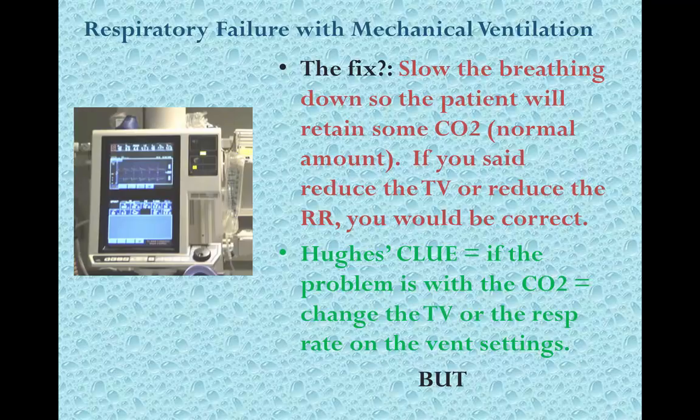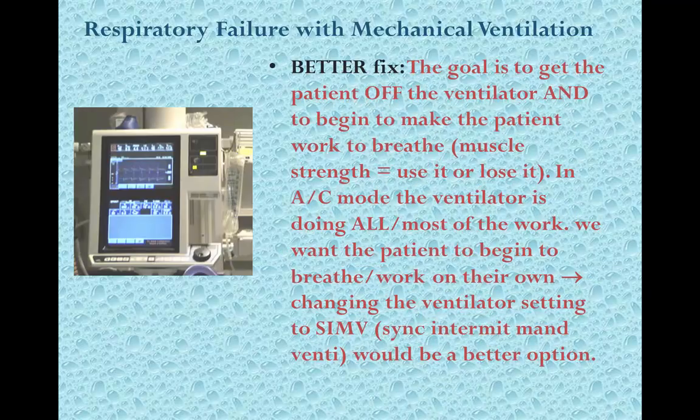Conversely, if the patient's CO2 was up and the pH was down, then you would have to increase the rate or increase the tidal volume. That's why I say to you, use your arrows, because the fix is always going to be opposite to what is occurring with the patient.